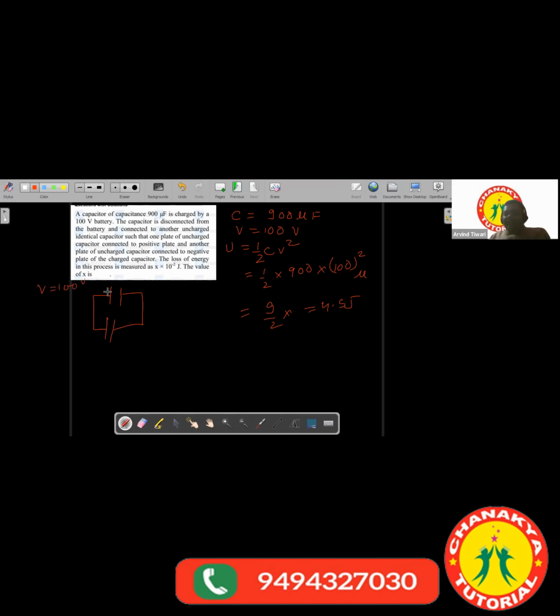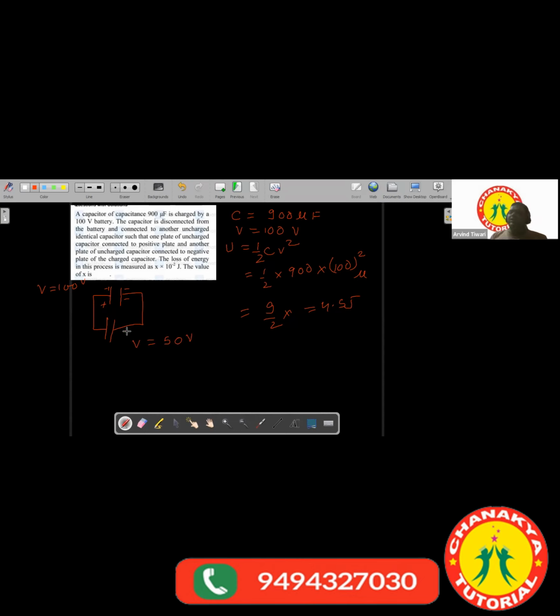Now, since the charges start flowing from this capacitor to the other, it will lead to the discharging of the first capacitor and charging of the second capacitor, and hence a decrease of voltage of the first one and an increase of voltage in the second one. Now, since the two capacitors are identical, you will get the common potential here. Common potential would be 50 volts.